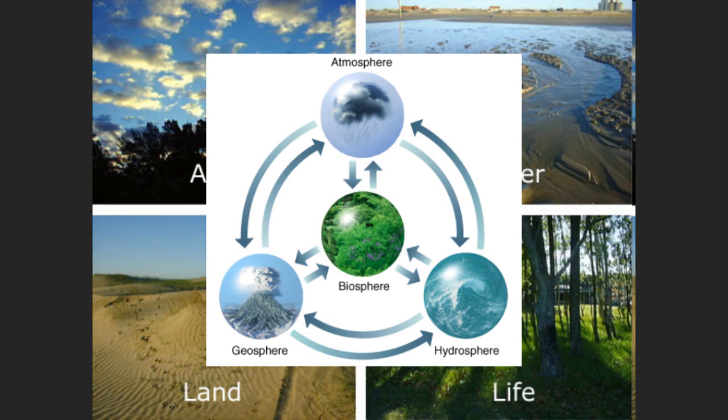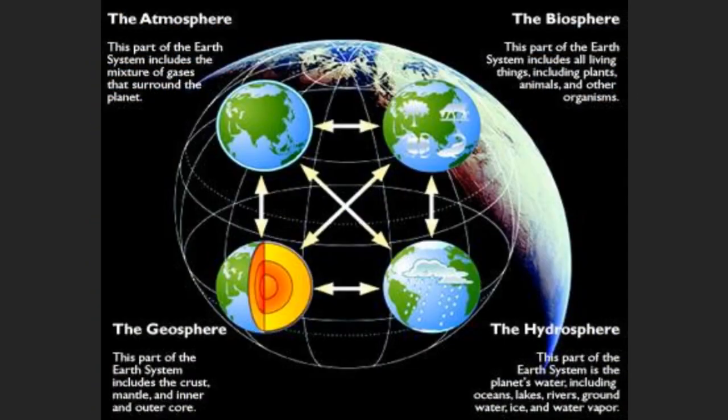Now, we will be talking mainly about the following spheres: the atmosphere, geosphere, hydrosphere and biosphere. All of these spheres are part of the Earth system. We have the four spheres of the Earth respectively. The atmosphere is the part of the Earth system that includes the mixture of gases that surrounds the planet.